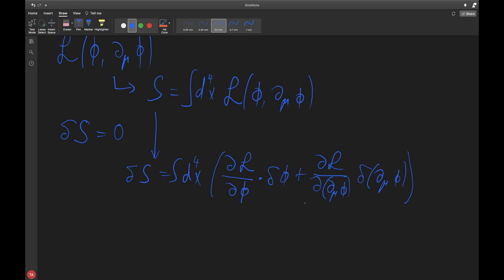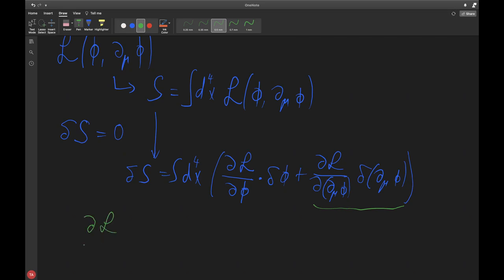So let's just look at the second term for a second. In the second term, we have a derivative of a field and a variation of that field. So there is a mathematical theorem, Young's theorem, which says that we can exchange these two things.